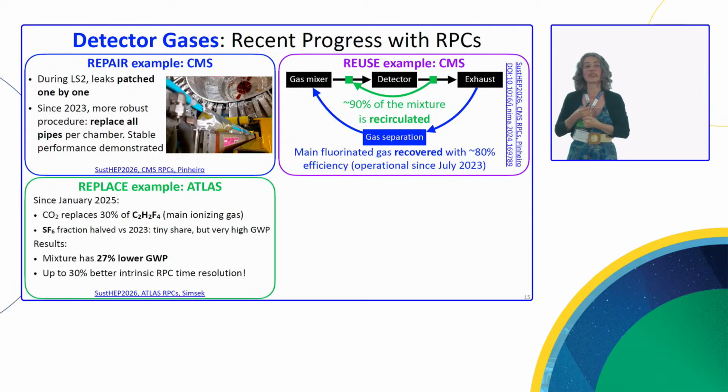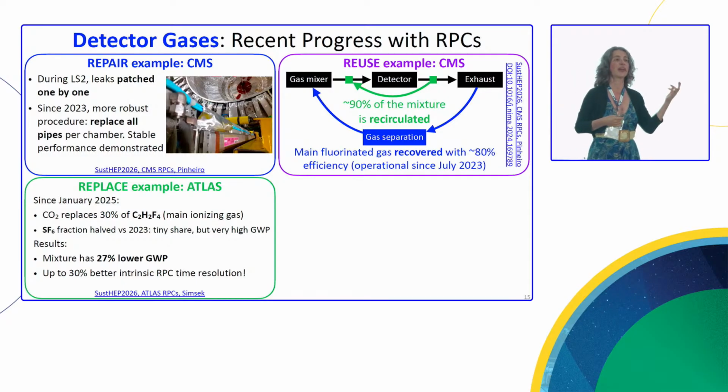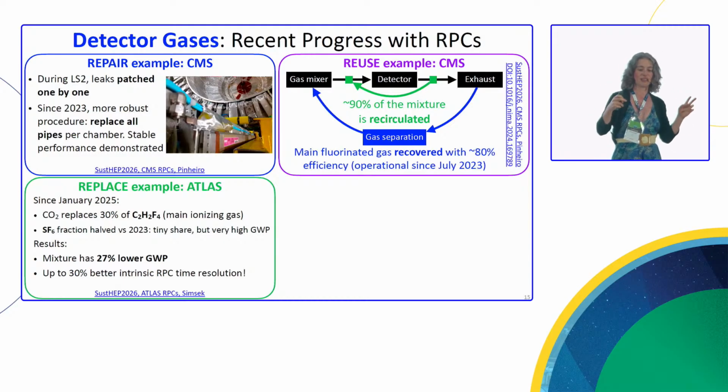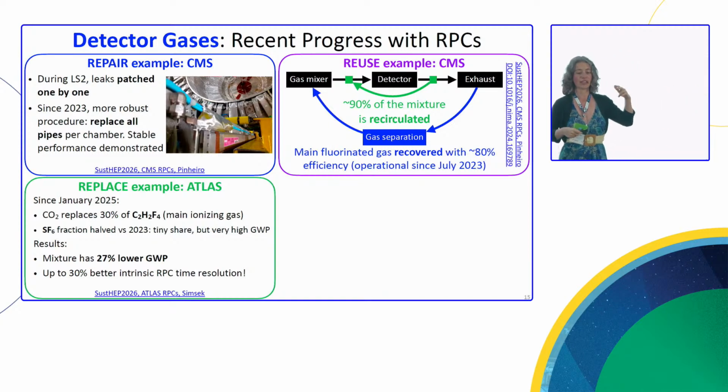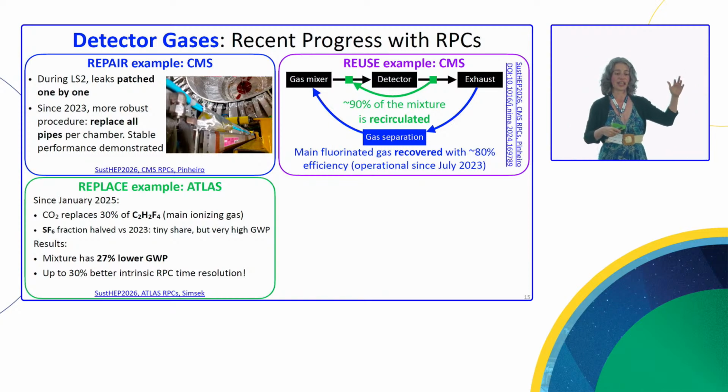Then I have another example of replacing gases, this time from ATLAS. From January 2025, they've replaced 30% of the main ionizing gas, this is C2H2F4, with CO2. And then also, they've halved the fraction of SF6.